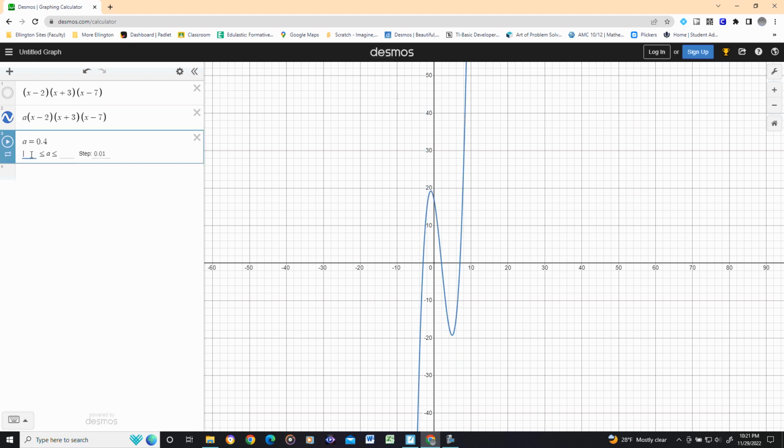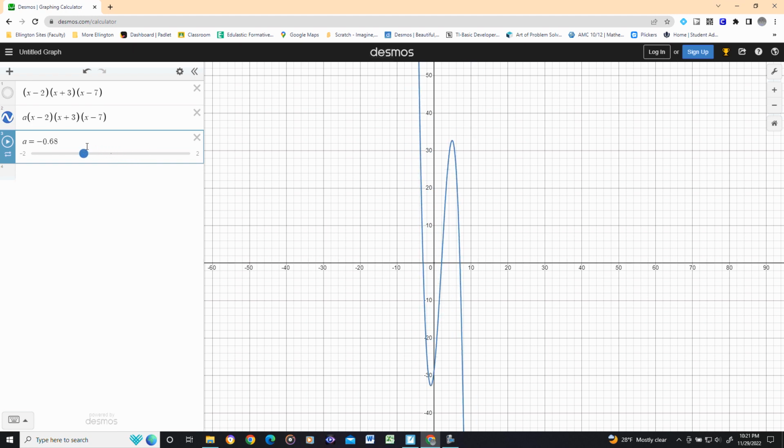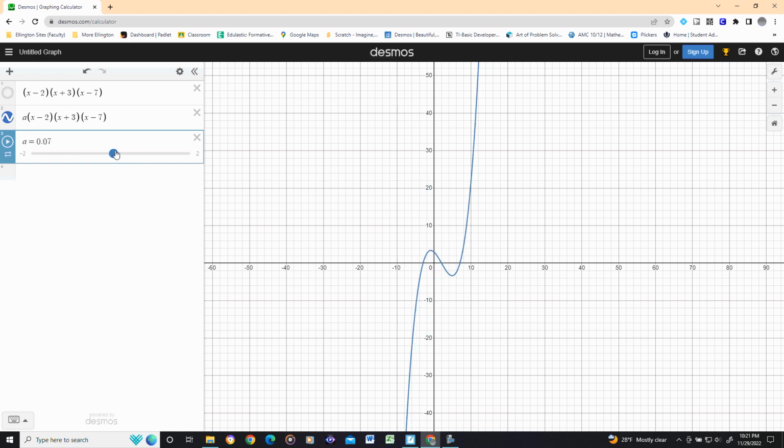Let's do a from, say, -2 to 2. Oh, look at that. When you turn negative, the graph flips around. That's interesting.